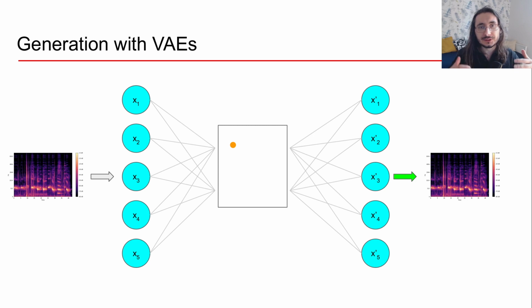Now, of course, there's another way of generating sound digits or any type of data with a variational autoencoder. We're not going to implement that, but you can easily do it if you want, because you have all of the facilities and all of the different methods in the variational autoencoder class.